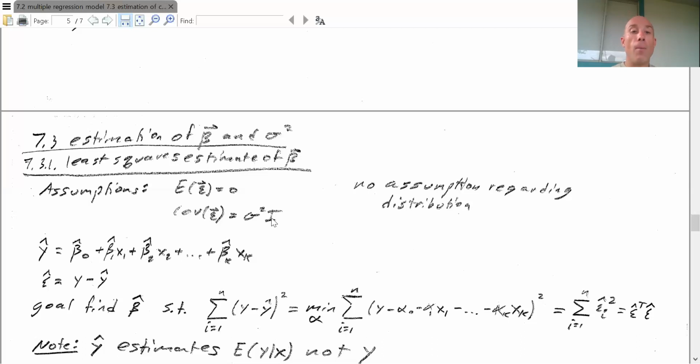The first assumption tells me that the expected value has that relationship between the x's and the betas, so the model makes sense. The second tells me two things: constant variance with respect to x, and covariance 0 between observations. If I do not have those things, I do not want to be using this type of model.